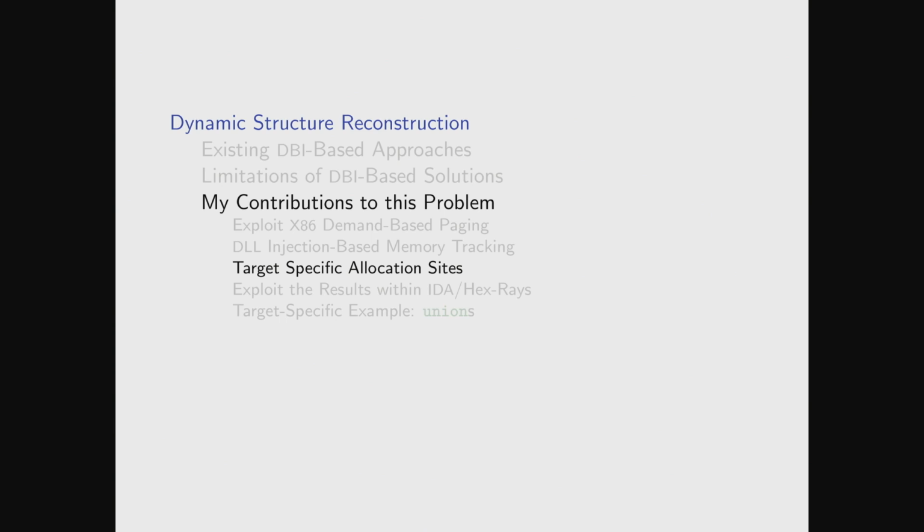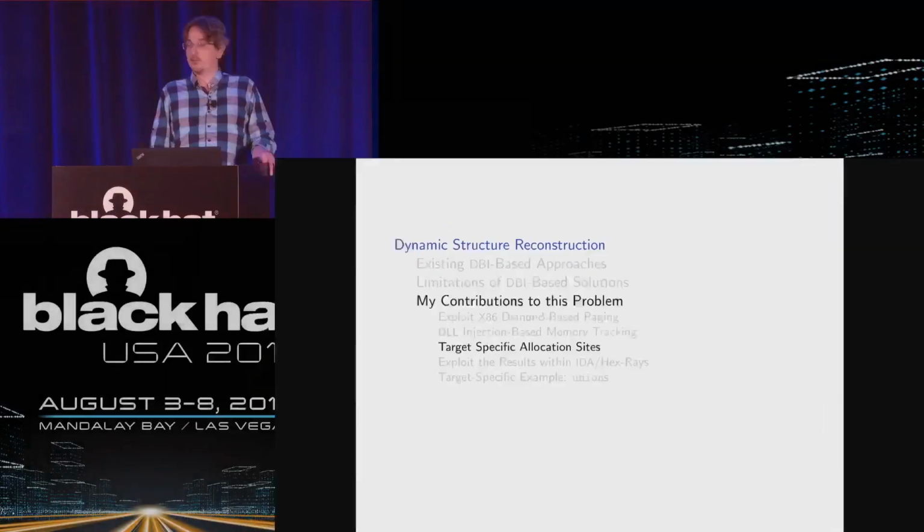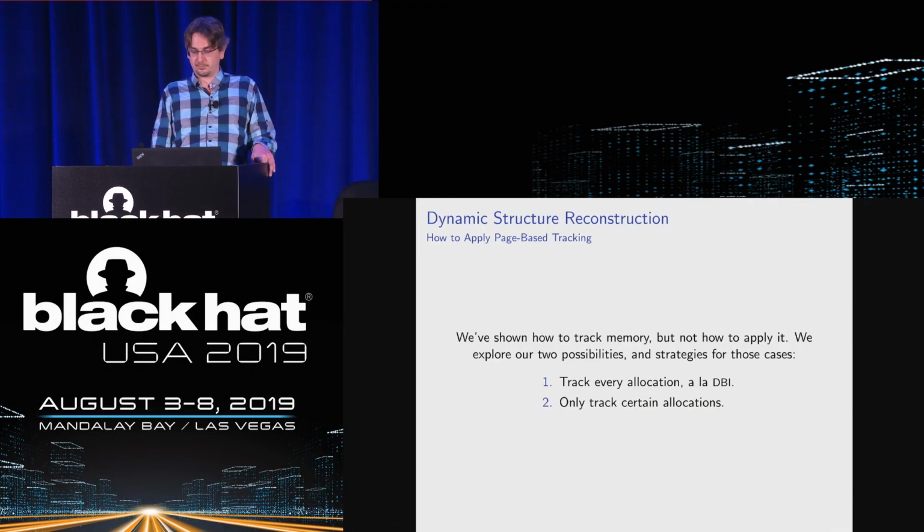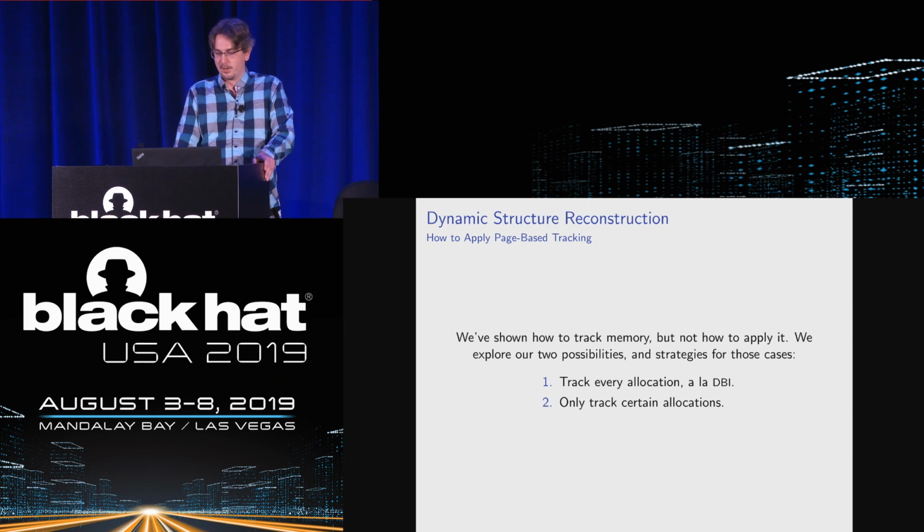So another major optimization idea I had had to do with only tracking specific allocation sites. So heretofore, I've shown you how these DBI tools work and the basic idea behind my replacement for it, but I haven't really told you how we apply this page fault-based memory tracking.